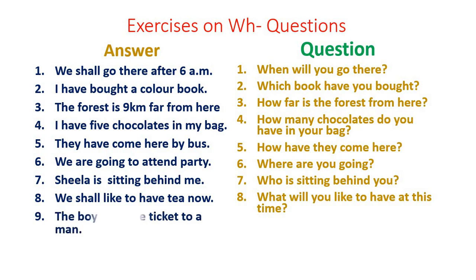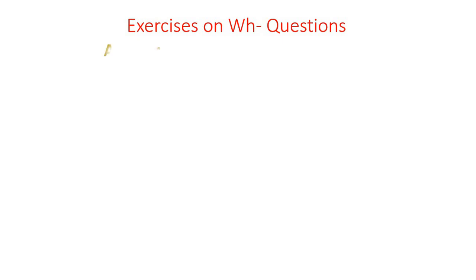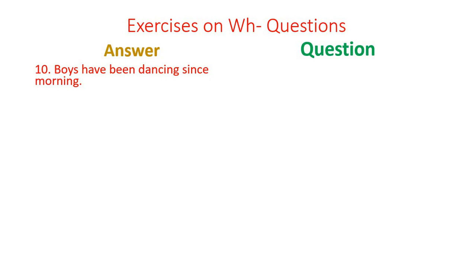Now 9. The boy gave the ticket to a man. And the question is, whom did the boy give the ticket to? Next are some more exercises in a similar manner. Boys have been dancing since morning.